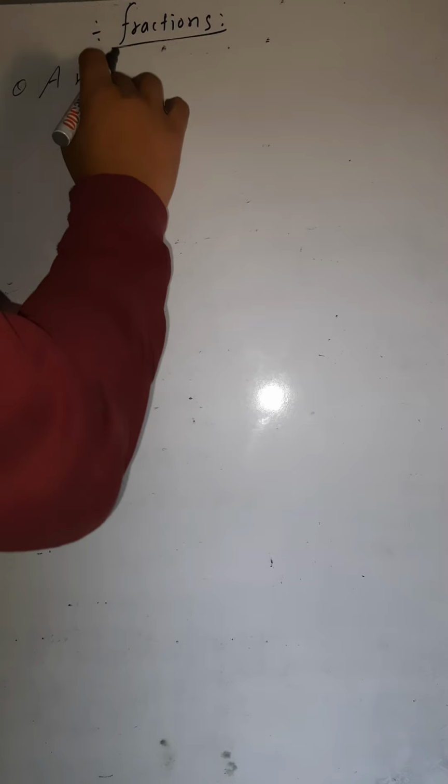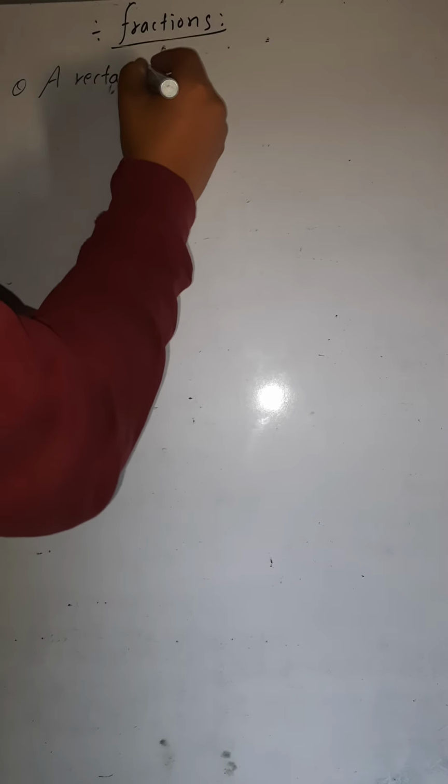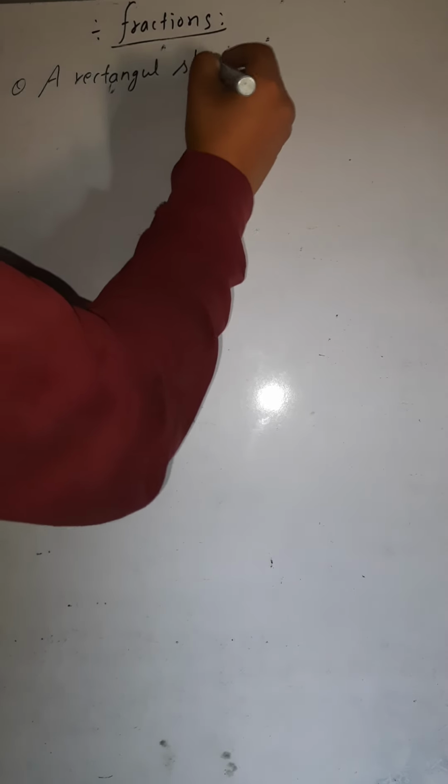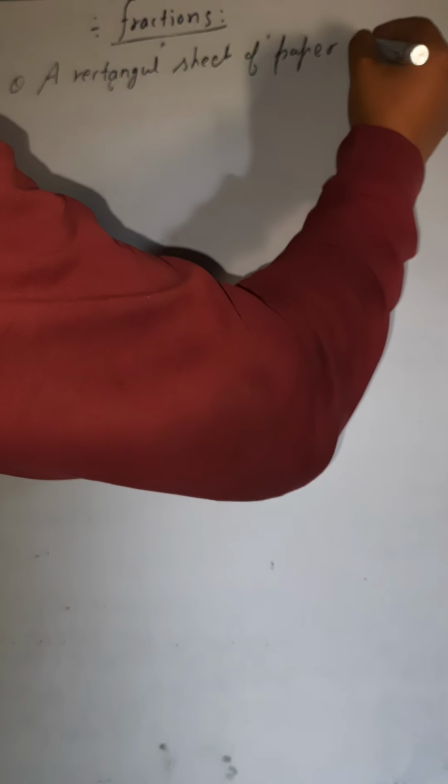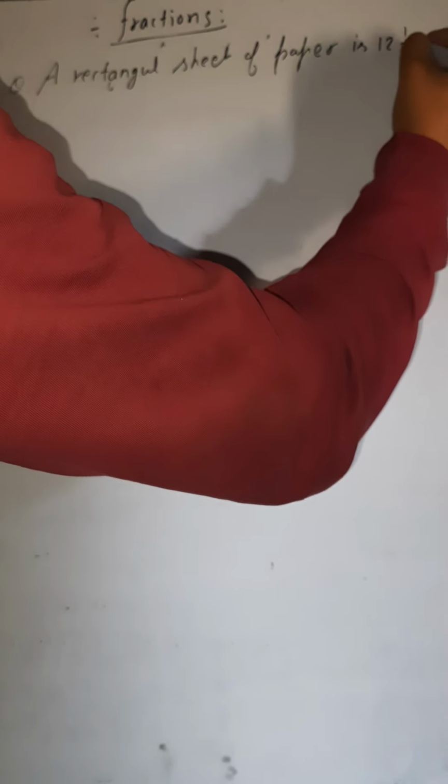A rectangular sheet of paper is 12 whole 1 by 2 centimeter long.